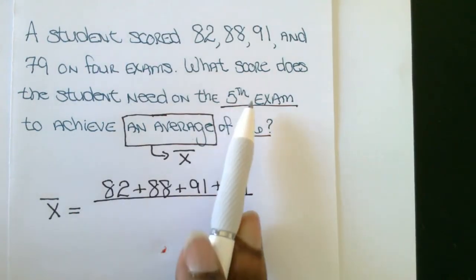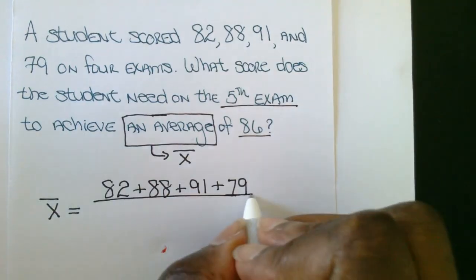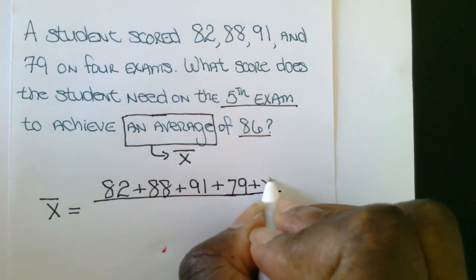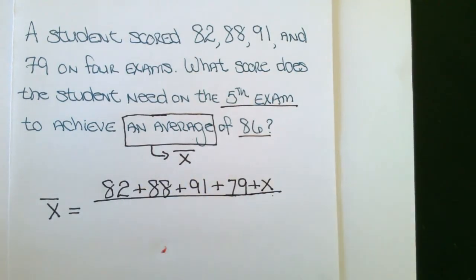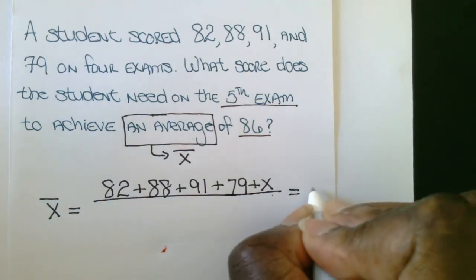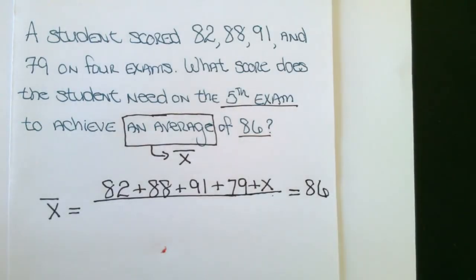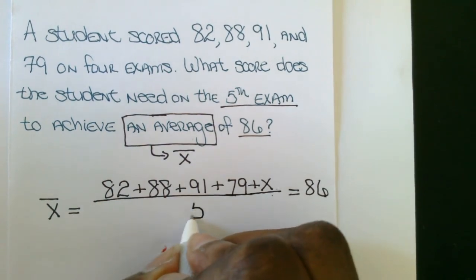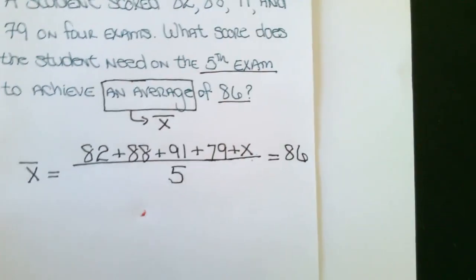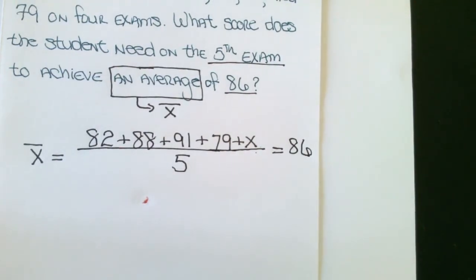But we want to know what they need for the 5th exam. So we have to add that exam. Since we don't know what it is, I'm using x. Now, in order to find the average, which is going to equal 86, I need to divide by how many tests I'm looking at, which is not 4, but 5. So we know that 82 plus 88 is 170.